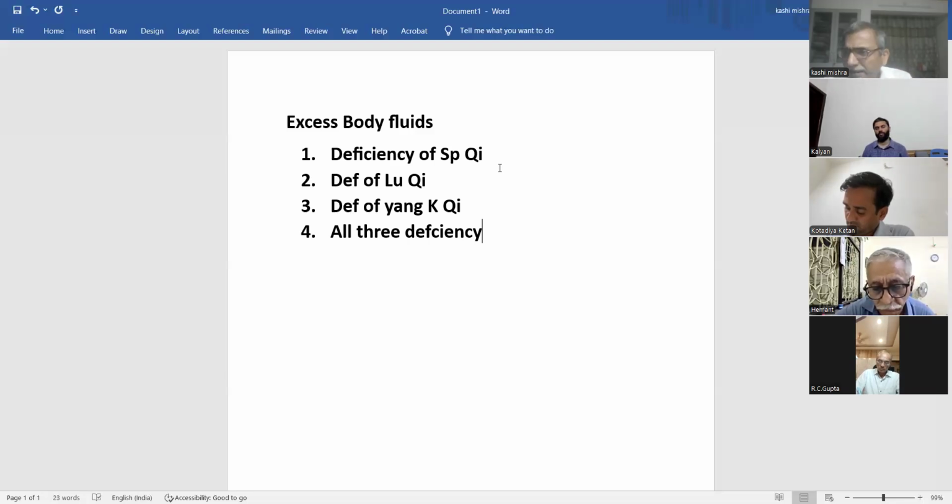If it is a swelling in the middle portion, that is the abdomen. The abdomen becomes round, like a water pot, a ghada, the picture is like that. Always know that it is a spleen deficiency and the master point is SP4.